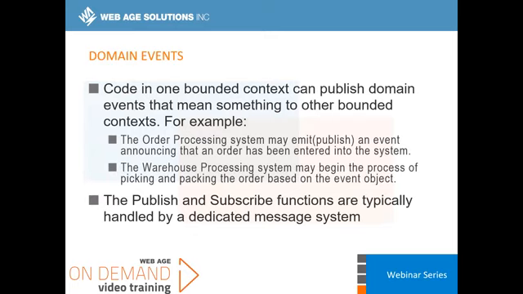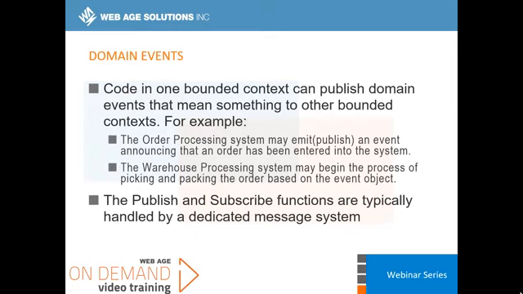So if the order processing system publishes an event that says an order has been entered into the system, then the warehouse processing context is interested in receiving that event, and based on the reception of that event, begins the process of putting the order together based on the data that's being conveyed by the event.